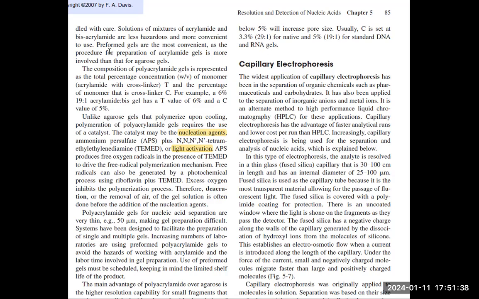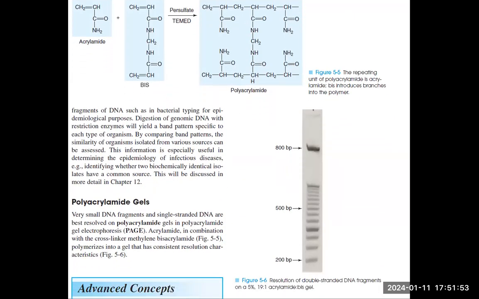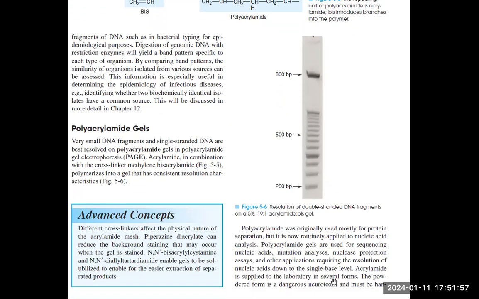For PAGE, you can buy polyacrylamide gels commercially as preformed gels. If I'm the supervisor of the lab, I prefer the precast gels because always remember that polyacrylamide in its powdered form is a dangerous neurotoxin.